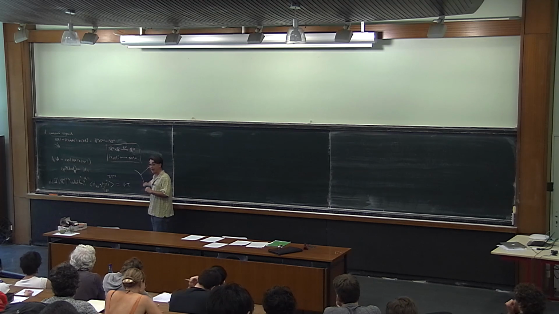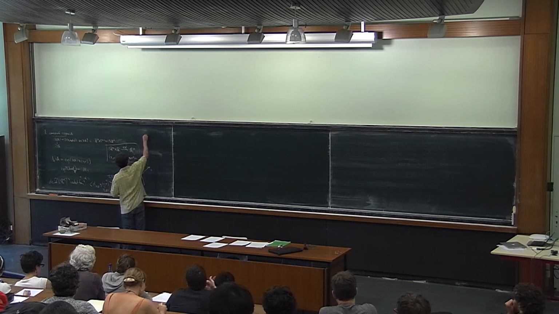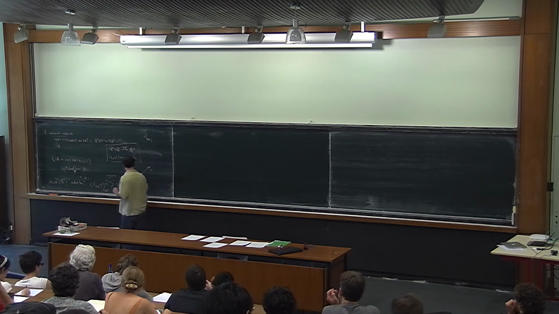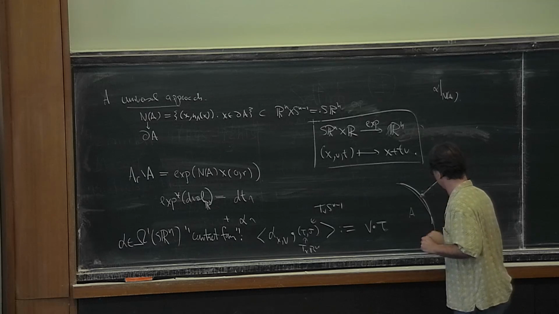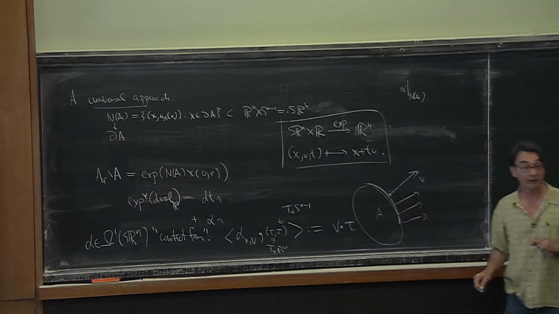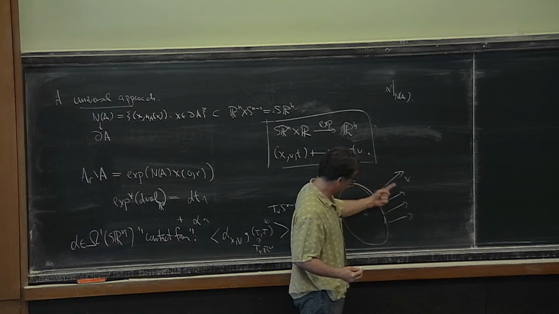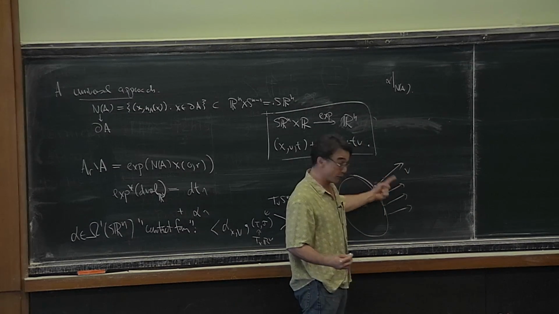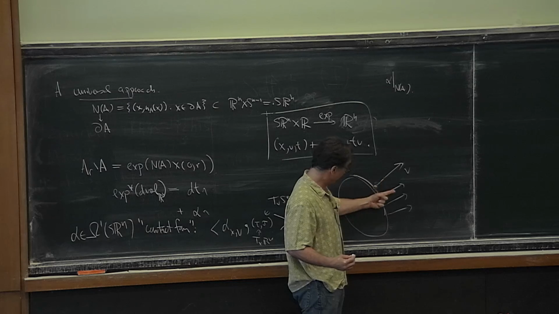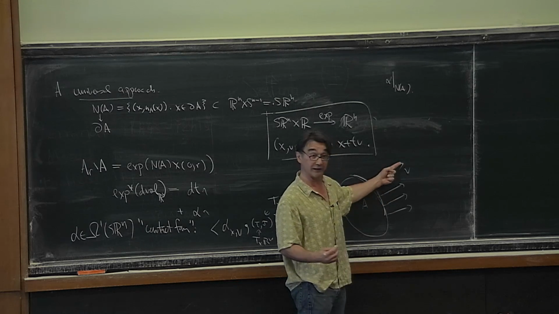While I'm on the subject of alpha, let me just take note that if I look at the restriction of alpha to n of a, so this vector v is now just varying along n of a, you'll notice that if I displace this vector while remaining within n of a, well, this base point moves tangentially to the boundary of a, and therefore orthogonally to v.